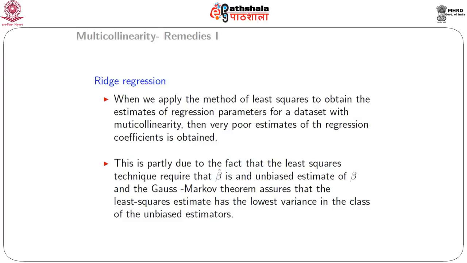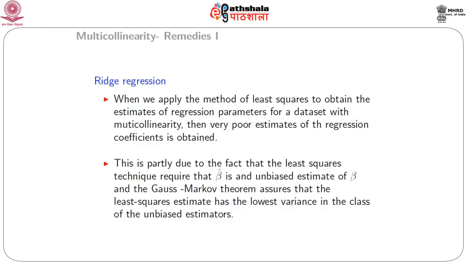Now, let us move on to the more important method of removing multicollinearity in this module, which is the ridge regression technique. The ridge regression technique has been very popular with statisticians for the past, and we use it even to this day. When we apply the method of least squares to obtain the estimates of regression parameters for a data set with multicollinearity, very poor estimates of the regression coefficients are obtained.